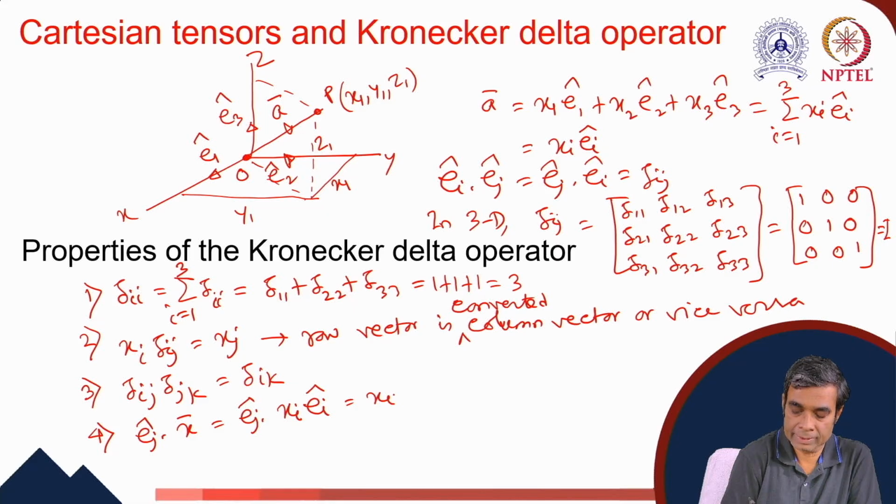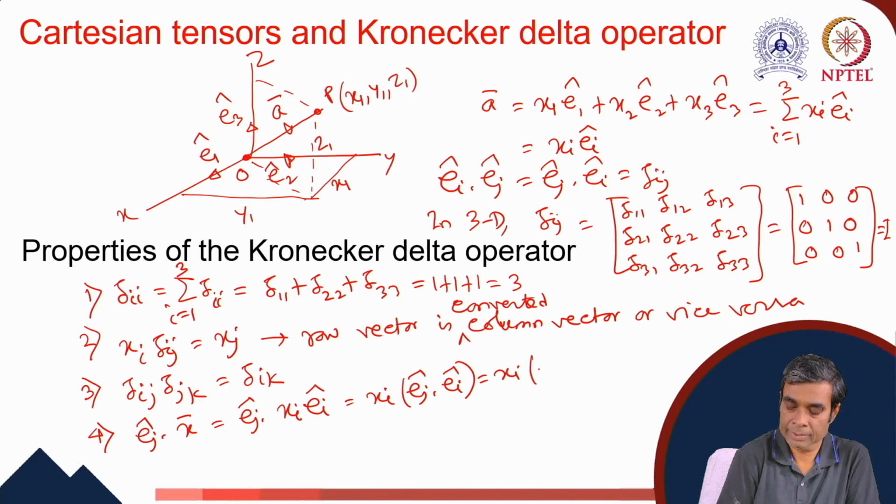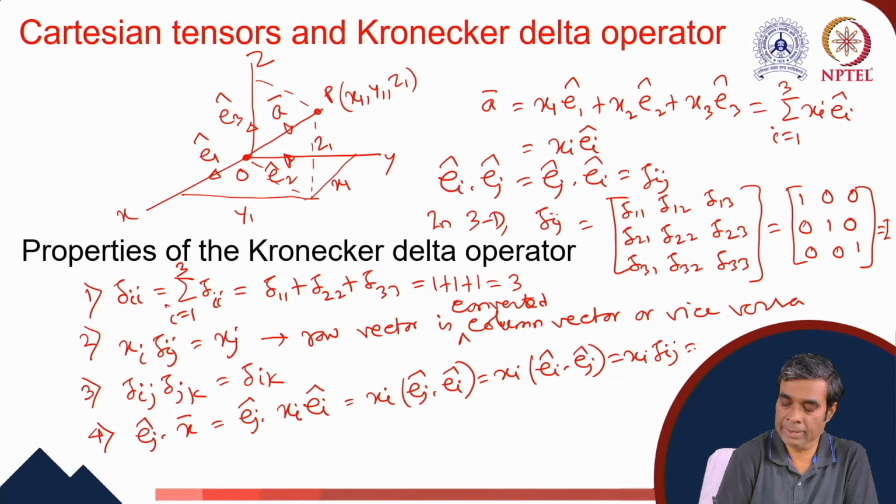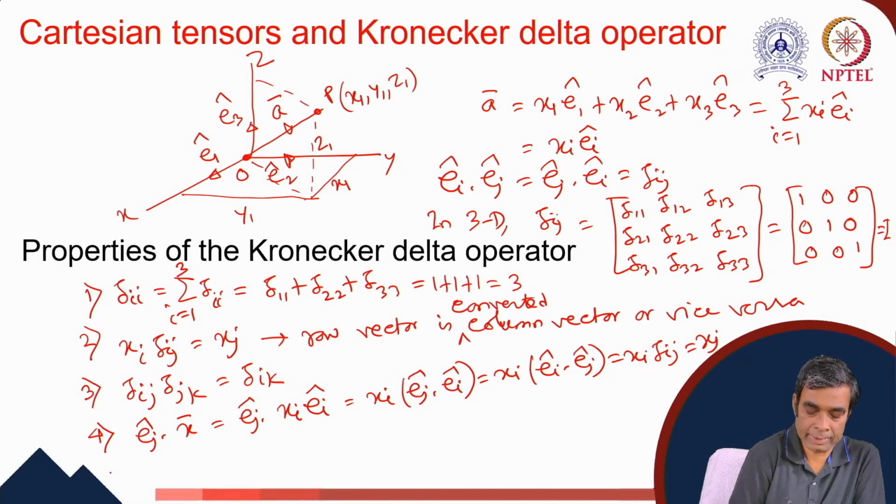Then we can write it as xi ej cap dot ei cap equals xi ei cap dot ej cap equals xi delta ij equals xj.